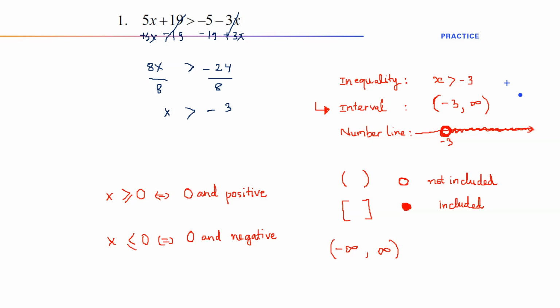If x is greater than 0, this means only positive numbers. If x is less than 0, this means only negative numbers.